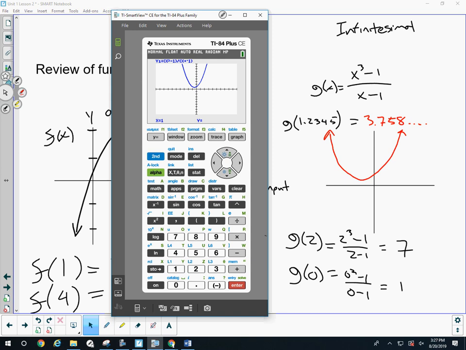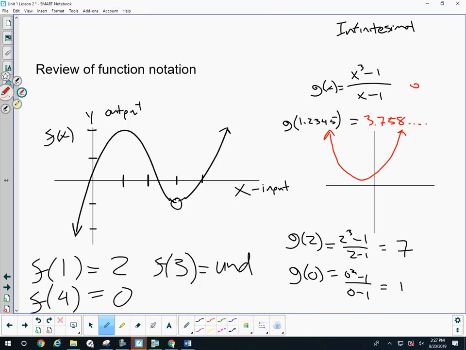That means there is no function value when I plug 1 into G. And a way we can see that is if I tried to plug 1 in, I would get 0 over 0. Now, you're not allowed to divide by 0 ever. Even if it's 0 divided by 0, that's not allowed. That value does not exist. It's undefined. Okay? We good with that?